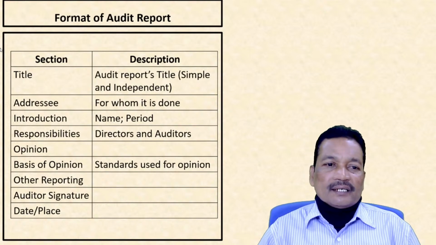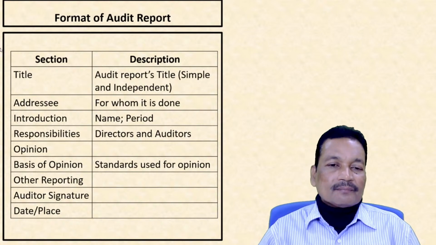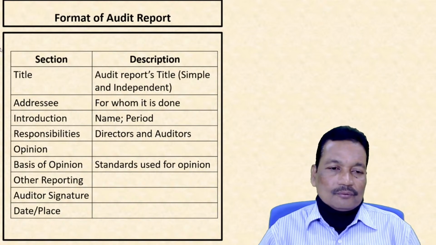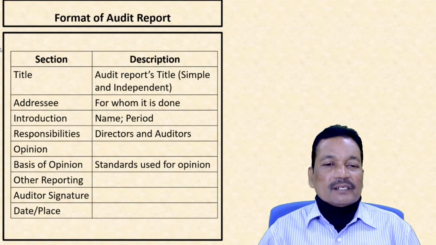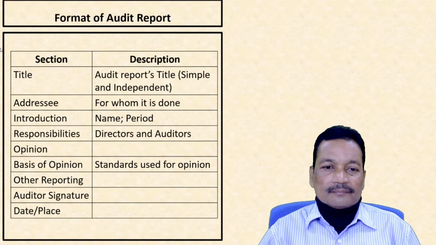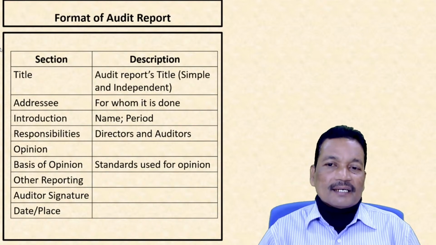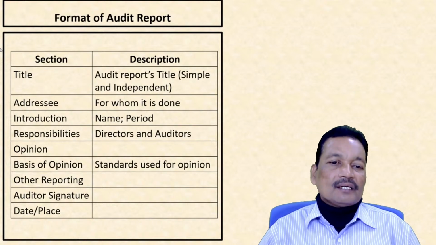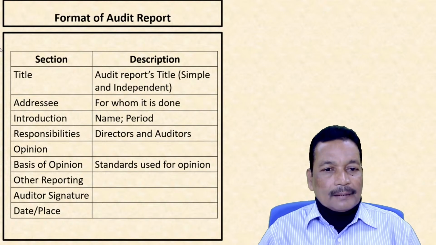Then we go for introduction section. There the name of the organization and the period for which the audit was carried out. What are the responsibility of the organization's directors and the external auditors? The next section will be opinion, like clean report or the qualified report, adverse report, etc. will be put there.